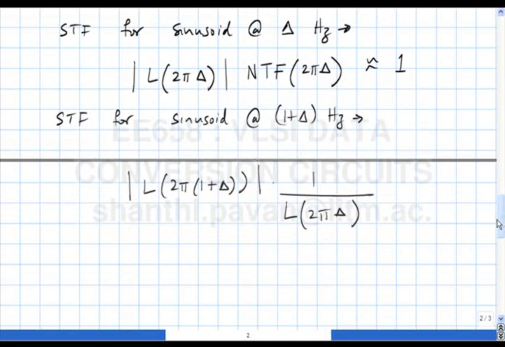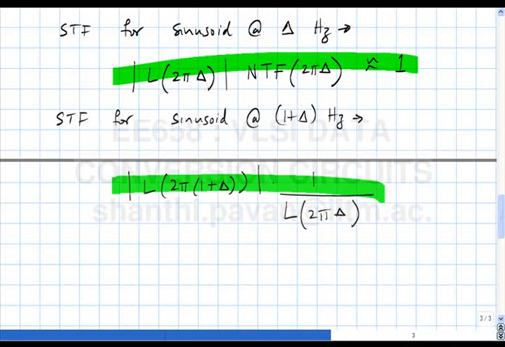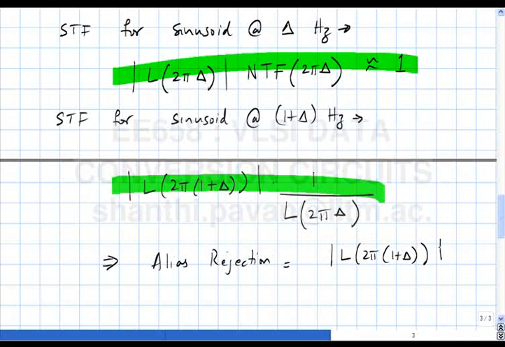So from this relationship and this relationship you see that the alias rejection is L of 2 pi into 1 plus delta, divided by the magnitude of the loop filter gain at 2 pi delta, okay.